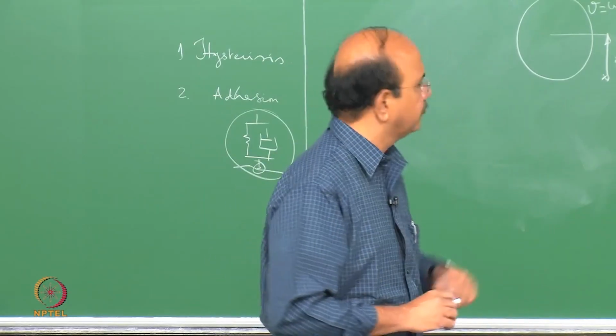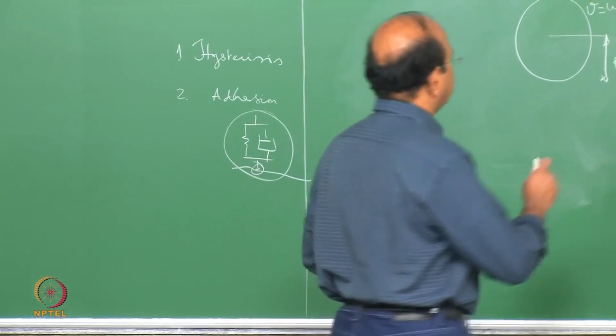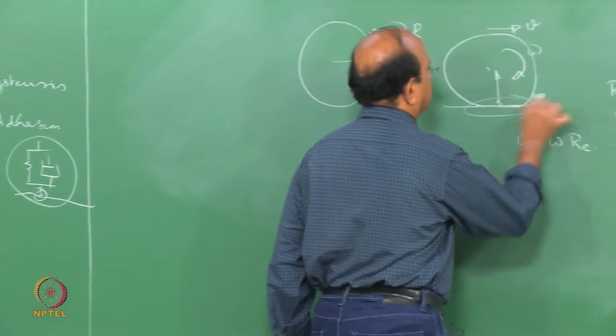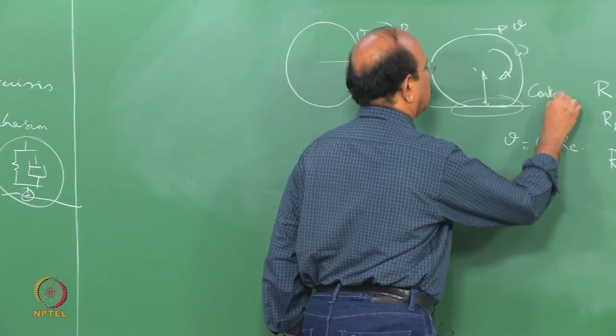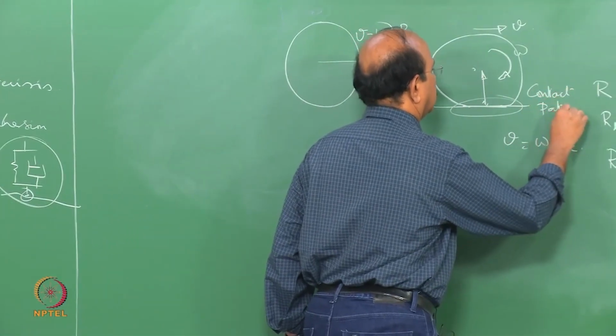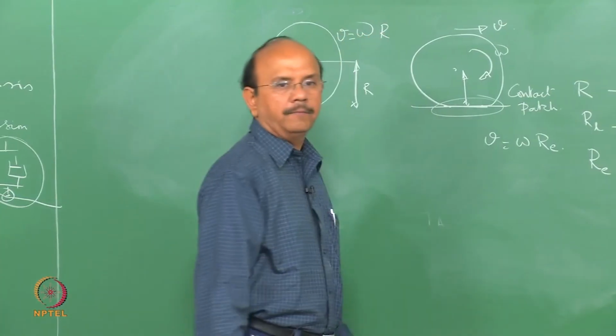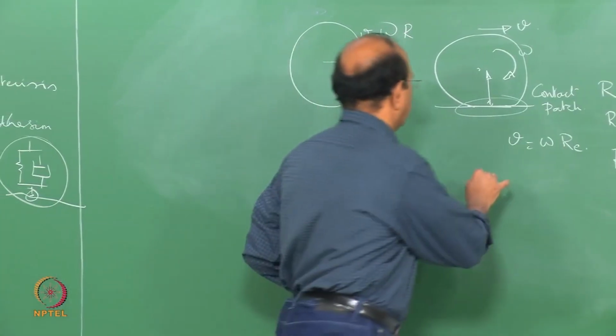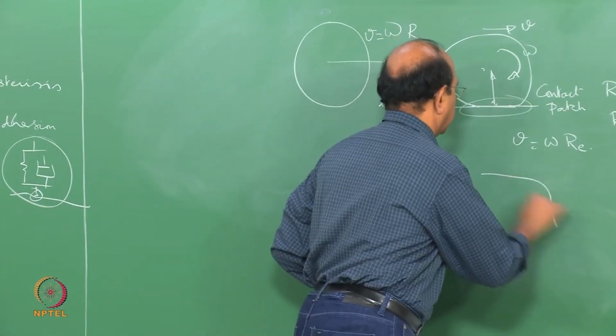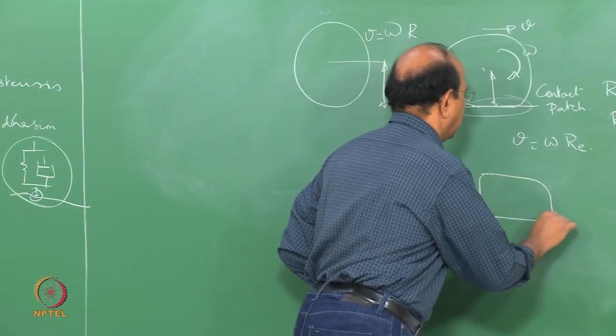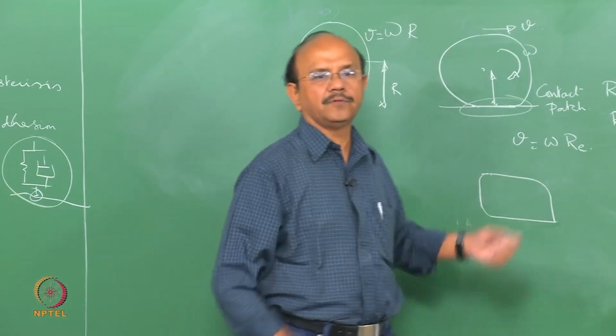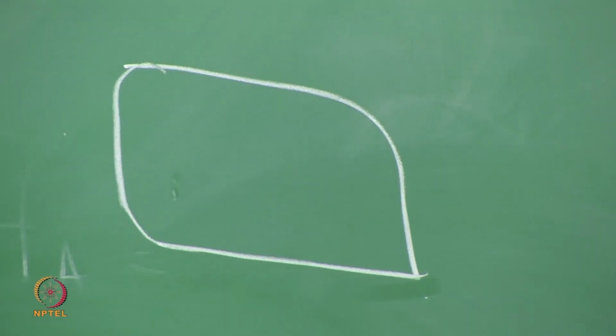Before we go further, let us understand this contact patch. From a plan view, let's say that the contact patch looks like this. There's a lot of niceties in this. We will come to that a bit later. First things first.